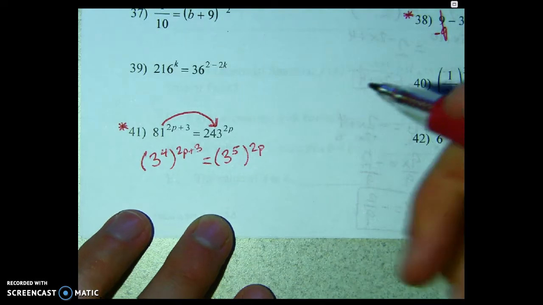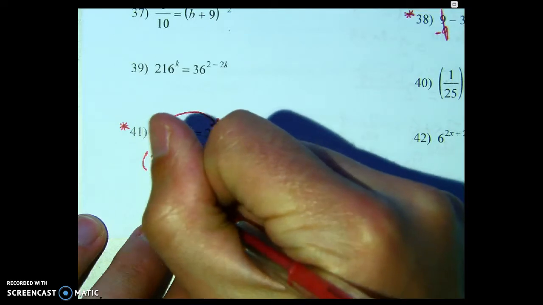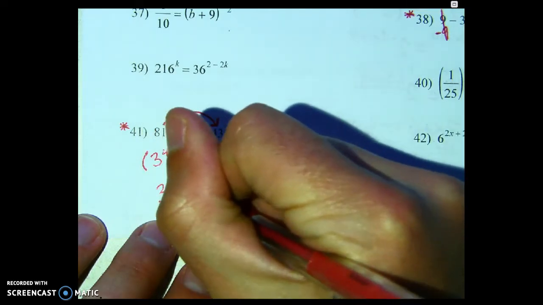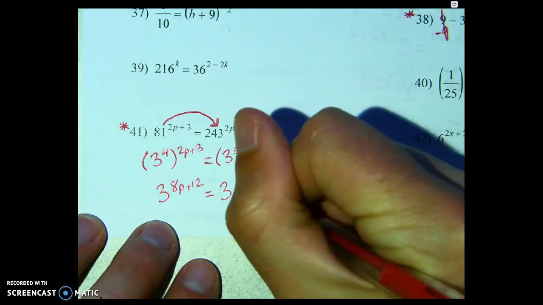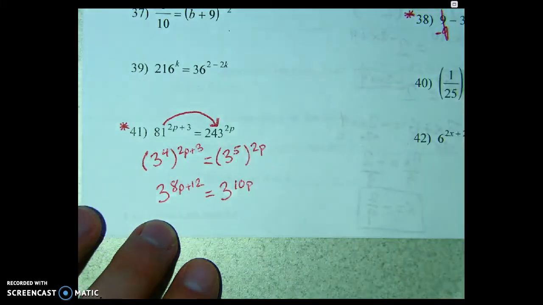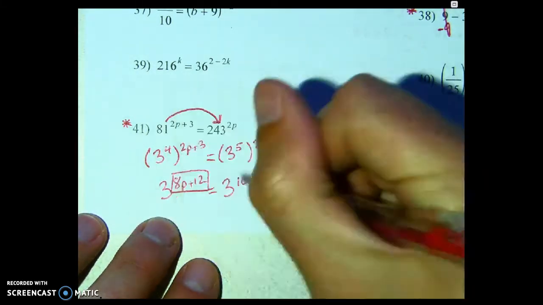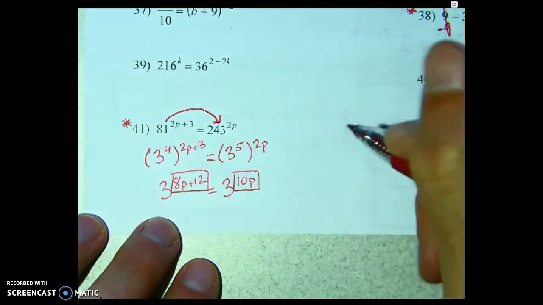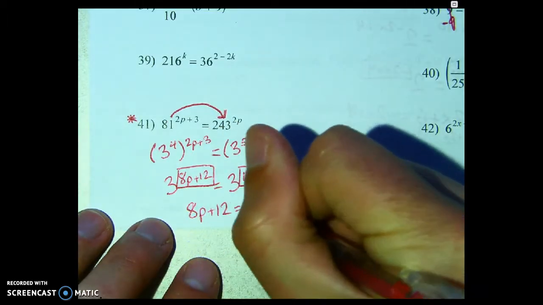Okay, and so if we take now 3 to the 4th and raise it to the power of 2p plus 3, we end up with 3 to the power of 8p plus 12 is equal to 3 to the power of 10p. And now that we have the same base on both sides of the equation, I can take the exponents and set them equal, and we end up with 8p plus 12 equals 10p.